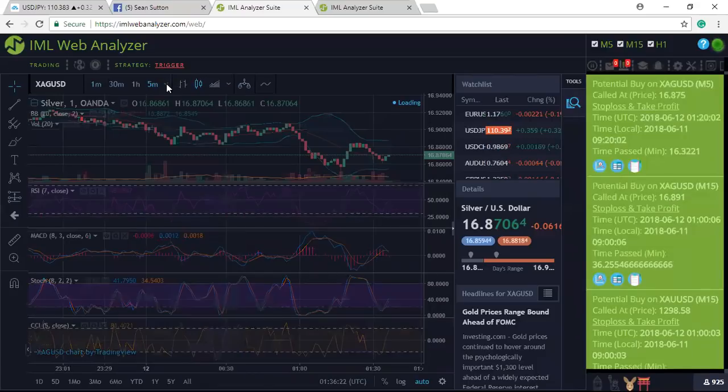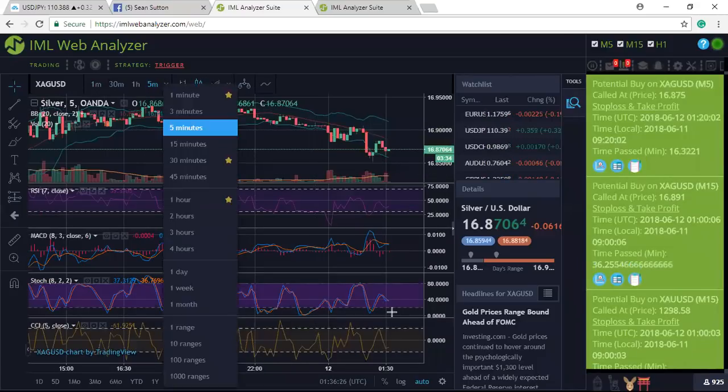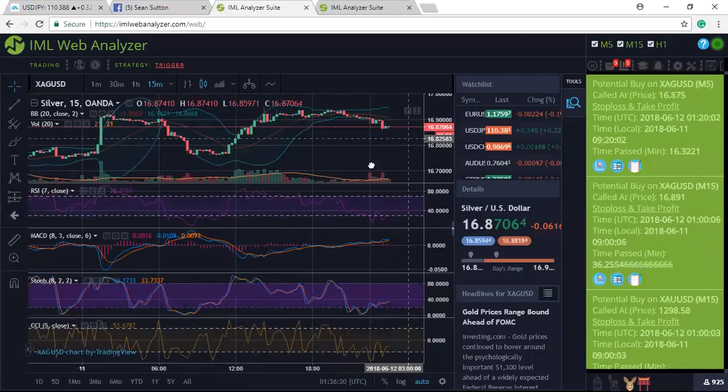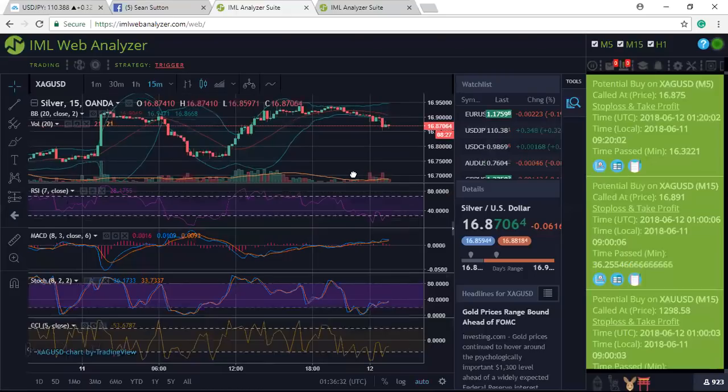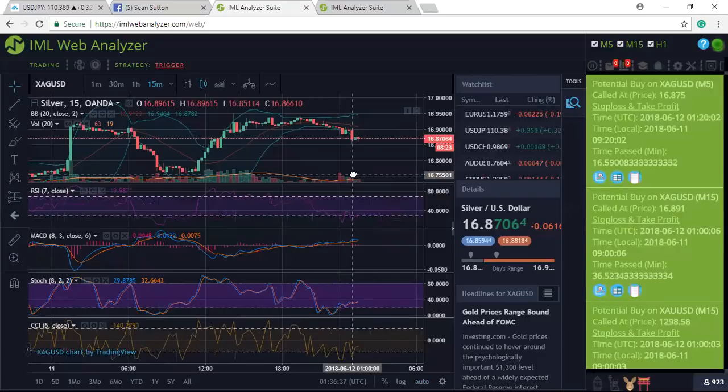So I may take this one for a few pips. Let me see here. How many pips do I want to take it for? That was confident.